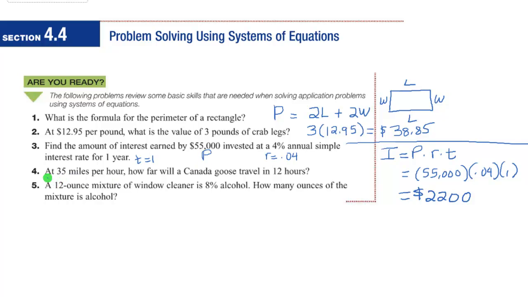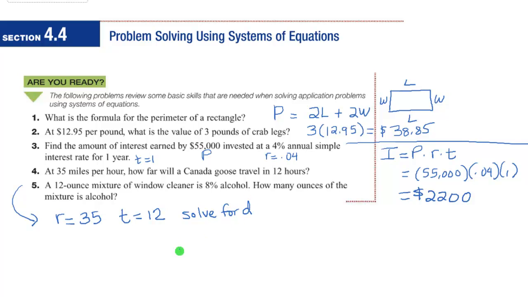Okay, number 4, at 35 miles per hour, how far will a Canada goose travel in 12 hours? So the goose is traveling at a rate of 35 miles per hour. So that's your rate, 35. The time is 12 hours, and we're trying to solve for distance.